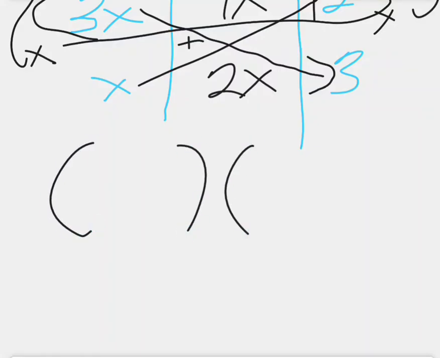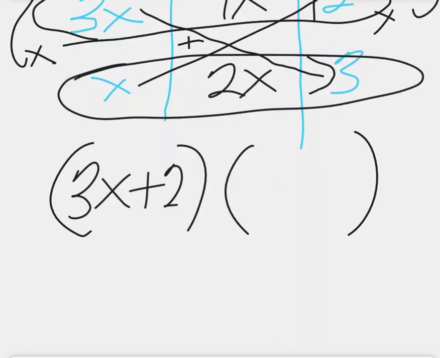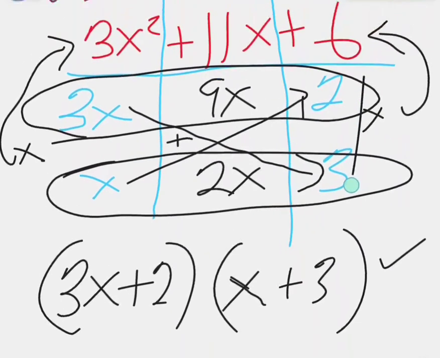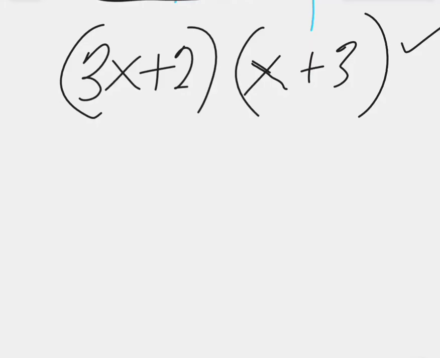So the first will be 3x plus 2. And the second factor is going to be, horizontally, the first column and the last column, which is x plus 3. And these become the factors for the expression 3x squared plus 11x plus 6.